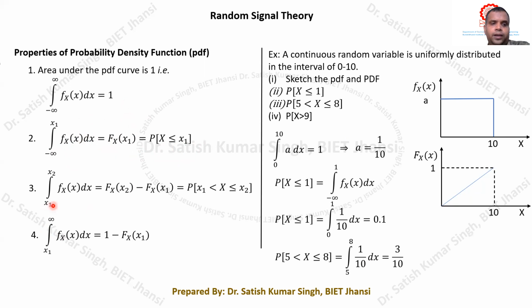Similarly, if you want to calculate the integration from x1 to x2 of f_X(x) dx, it can be calculated as F_X(x2) minus F_X(x1), and that gives you the probability that x lies between x1 and x2. It is fairly straightforward.